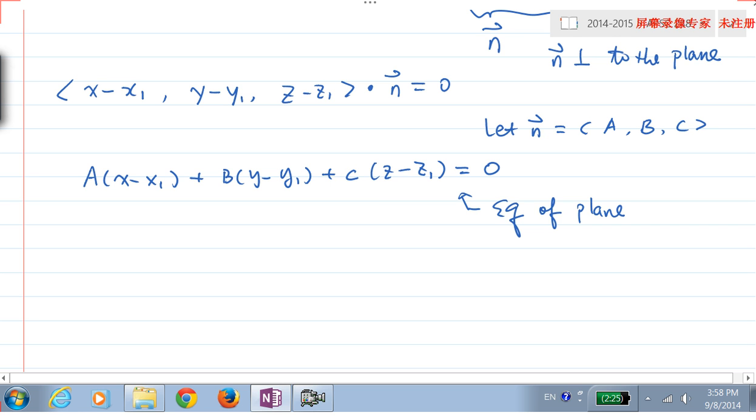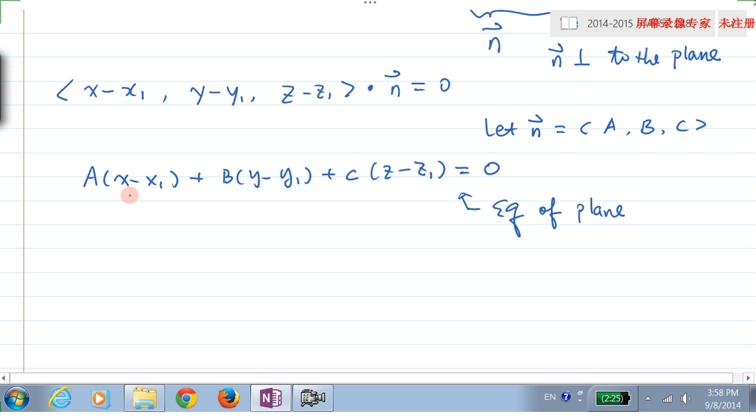I'll give you some numbers later so we get a better idea of this. But before we move on, let's manipulate this slightly and see if we have a slightly different way of writing it. Right now, the right side is 0. So I'm going to expand all the terms out.